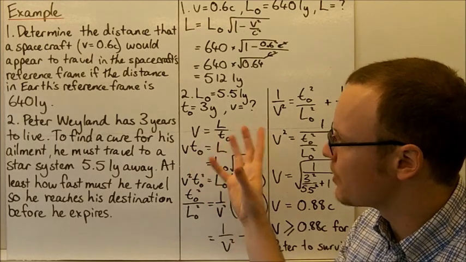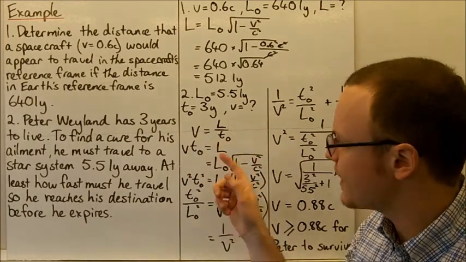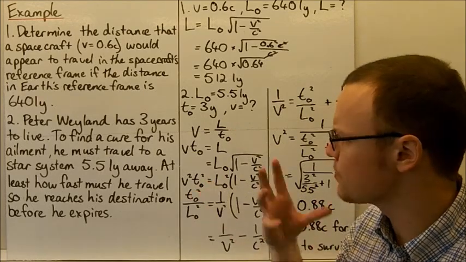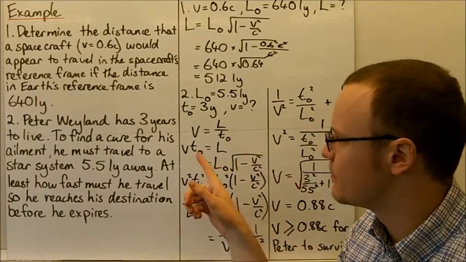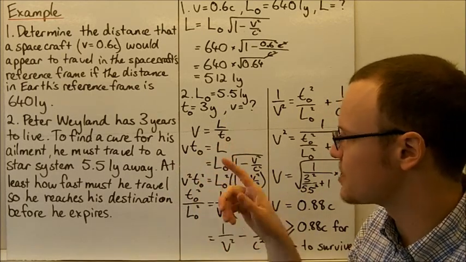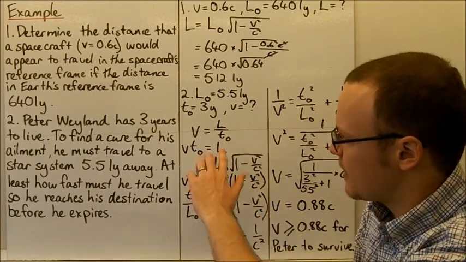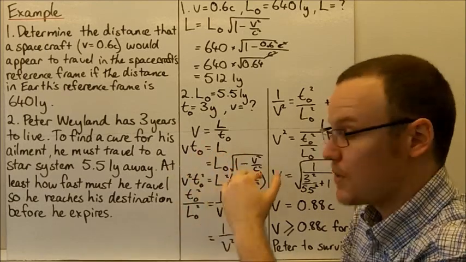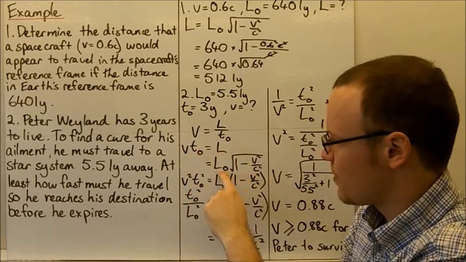So we know that the velocity that he's going to have to be travelling at is the relativistic length divided by proper time. So we can manipulate those, multiply both sides by T0, and we get L. Now we know L here, relativistic length, is equal to L0 divided by the gamma constant.